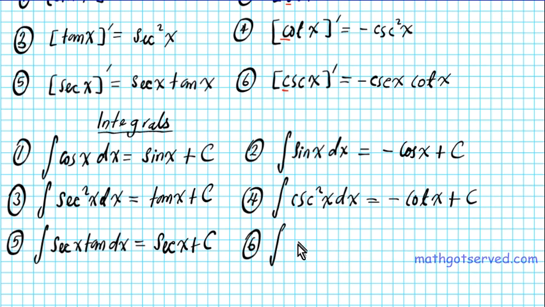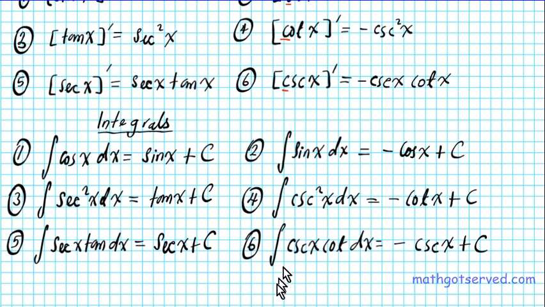The integral of cosecant x cotangent x dx. The derivative of cosecant x is negative cosecant x cotangent x, so the integral is going to be negative. We'll have a sign change here. Negative cosecant x. And then don't forget your plus c since we have an indefinite integral.